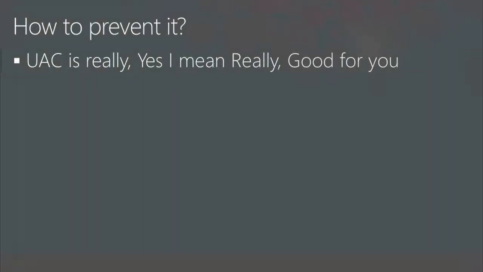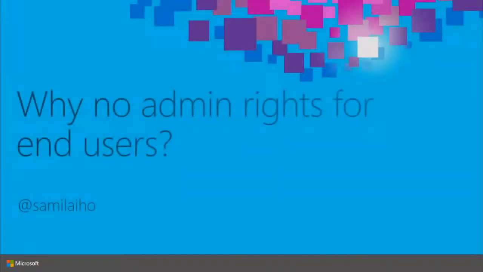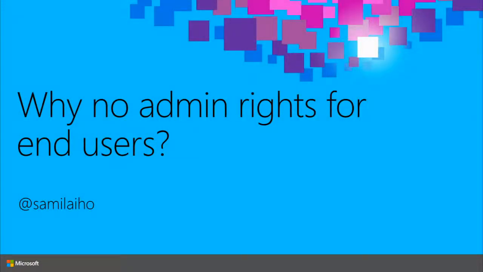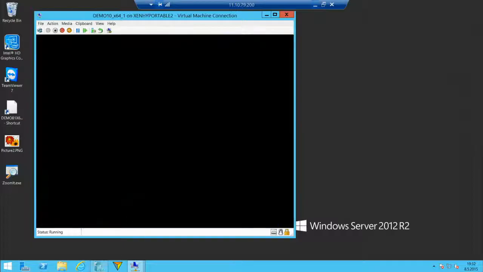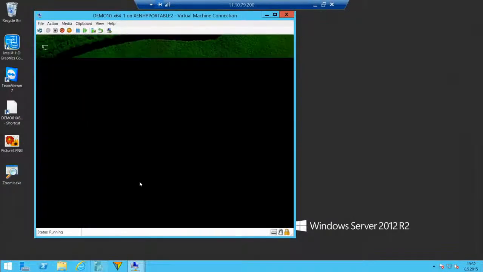Okay. Next one: why no admin rights for end users. I actually showed this in another session here, so I'm going to take a little twist and talk about it in a different way. If you're trying to penetrate a computer, let's take Windows 10 again.